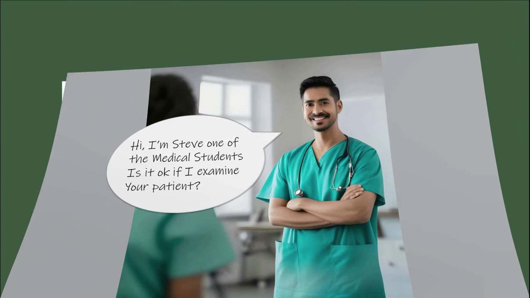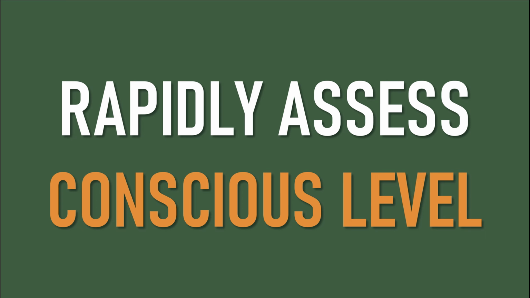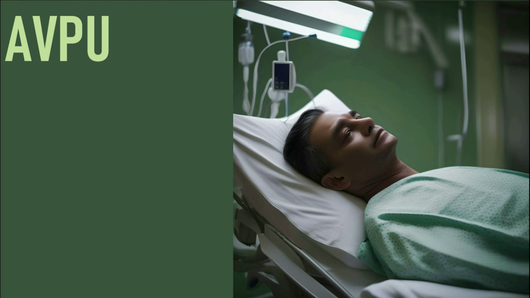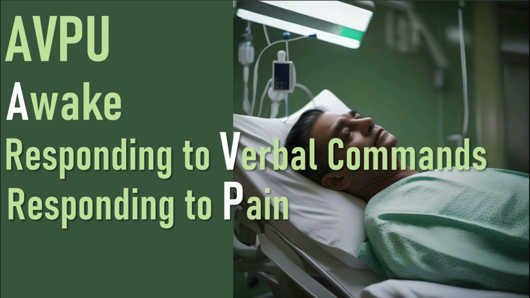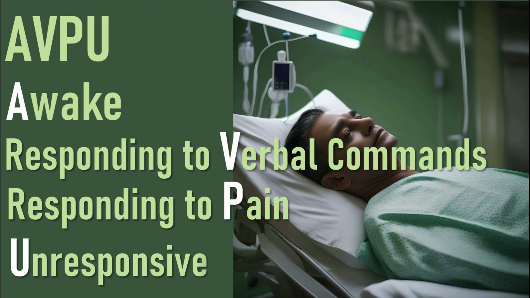The first thing you do before you even consider examining them is to figure out whether they're going to cooperate with an examination. So you must rapidly assess the conscious level. And the way we do this is using the AVPU approach. A for awake, V for responding to verbal commands, P responding to pain, and U being unresponsive.